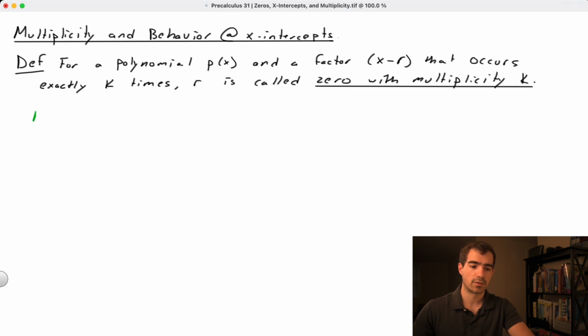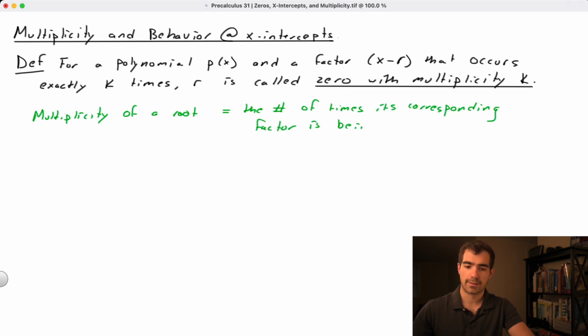In other words, the multiplicity of a root is just the number of times its corresponding factor is being multiplied. So for example, with our last function g of x, we had (x minus 2) squared times (x plus 3) times (x minus 3).